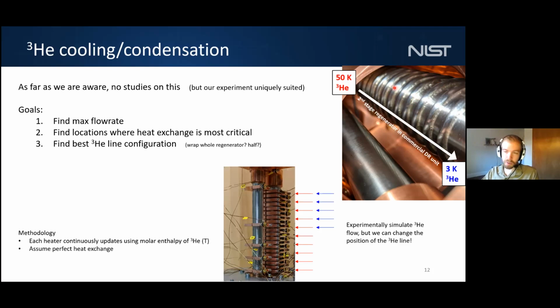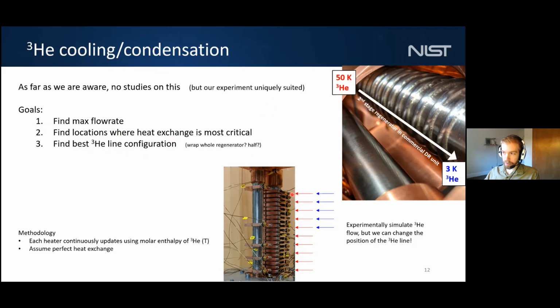How much helium-3 can you flow down this regenerator, etc. So the goals of this study are going to be to find how much helium-3 this regenerator can cool, find locations where heat exchange is most critical if you wrap your regenerator like this, and also find the best helium-3 line configuration. So by that I mean you could actually wrap this heat exchanger in different ways around this regenerator. And what's the best way to do that?